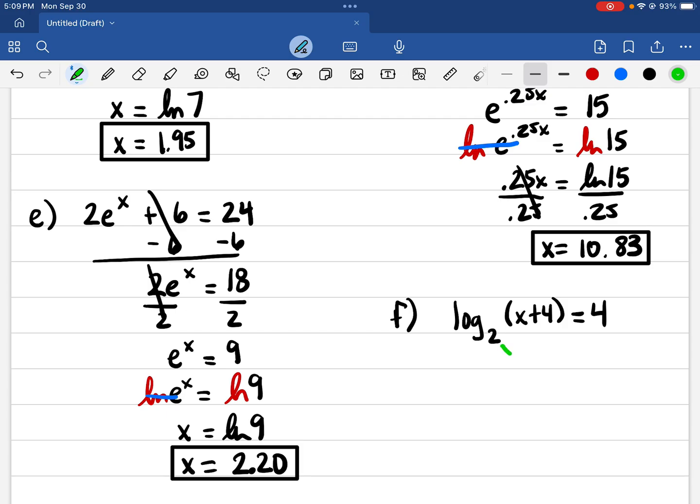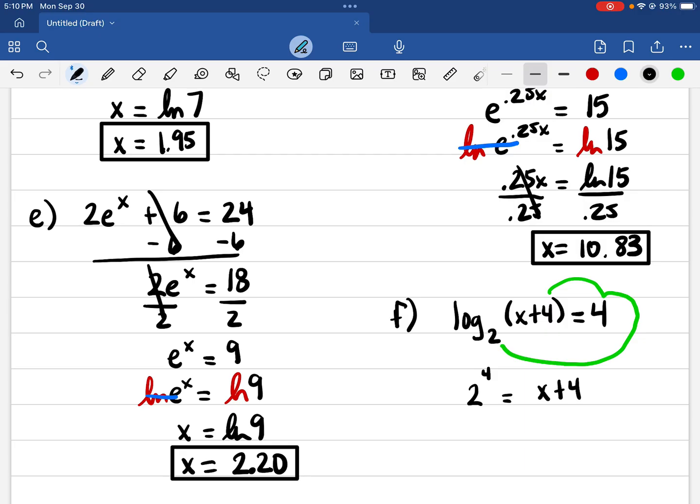So start in my base 2, come around to 4, and then x plus 4. So we started at 2, went to 4, that's our exponent, landed on x plus 4, so that's what we're equal to. And so now looking at this, you have 2 to the 4th.